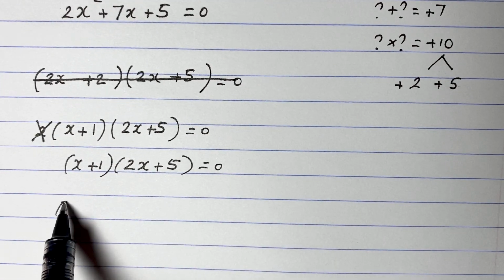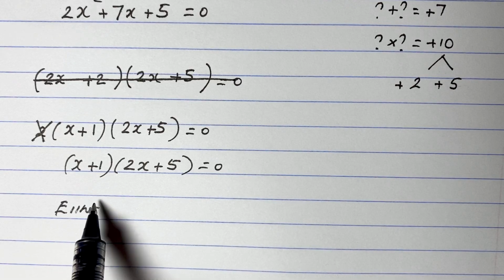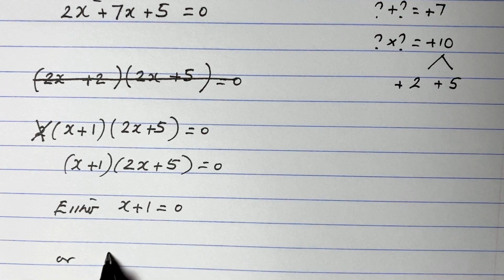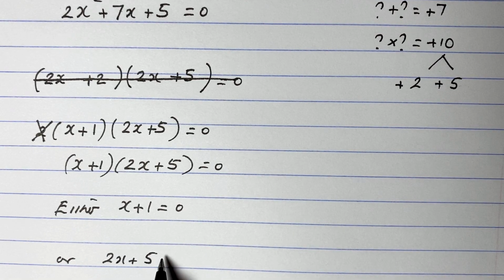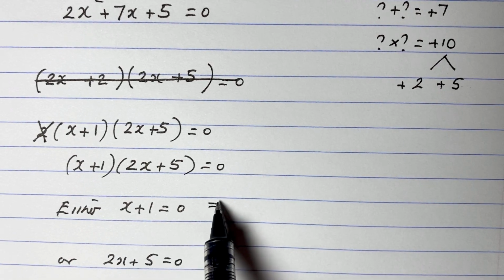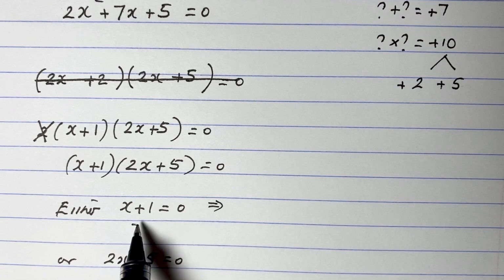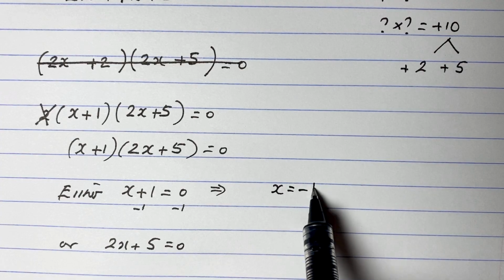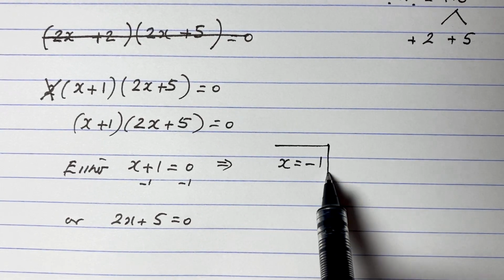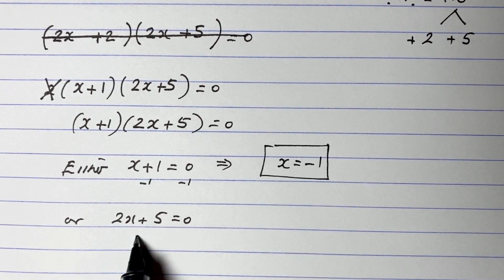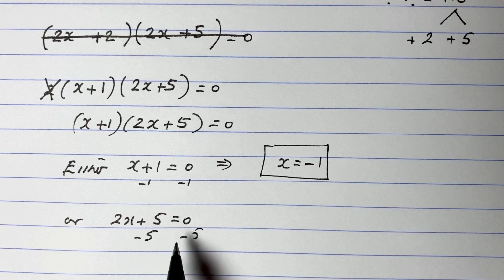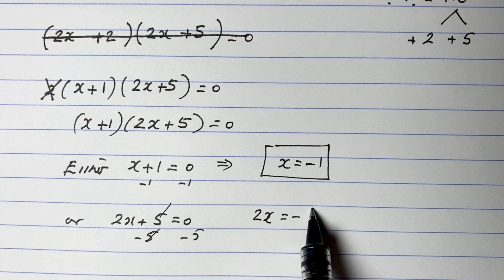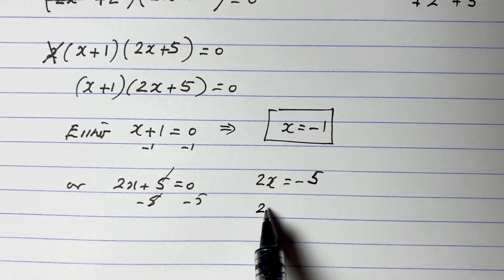Then we say either x plus 1 equals 0 or 2x plus 5 equals 0. From here, if I remove 1 from each side, x equals minus 1, one of the solutions or one of the roots. Here remove 5 from both sides. 2x equals minus 5. Divide both sides by 2.